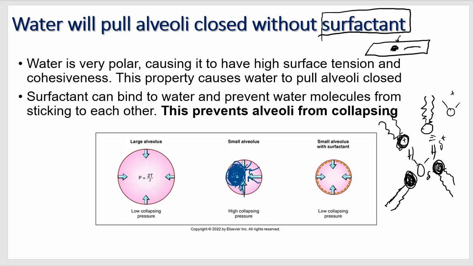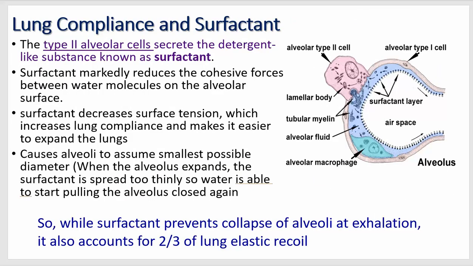However, if you put the surfactant on it, then the water will stick to the wall of the alveolus, but it can't stick to itself anymore. Okay. All right. So if it can't stick to itself, then it's not going to be as inclined to pull the alveolus closed.